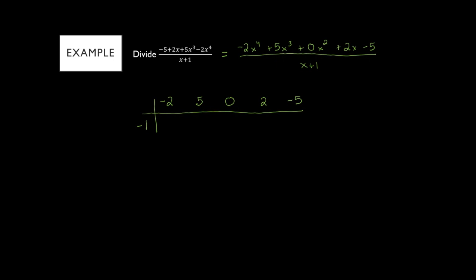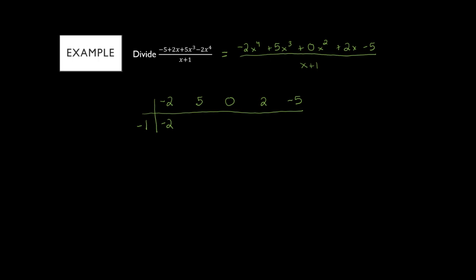So we use -1 in our synthetic division. And then I drop down my -2. So are there any questions about this setup before I go forward here? Okay.